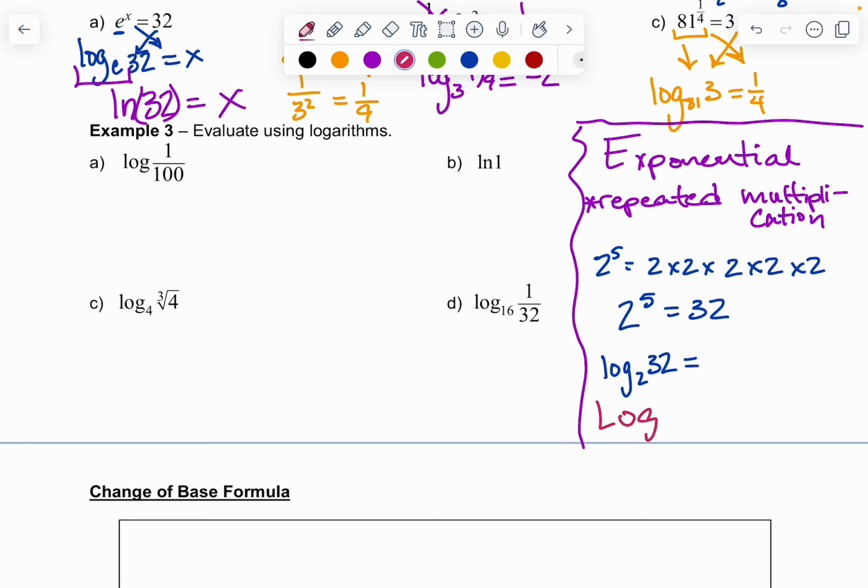A logarithm, say logarithmic, is repeated division. So up here you would say, how many times can I take 32 and divide it by 2? That'd give me 16.